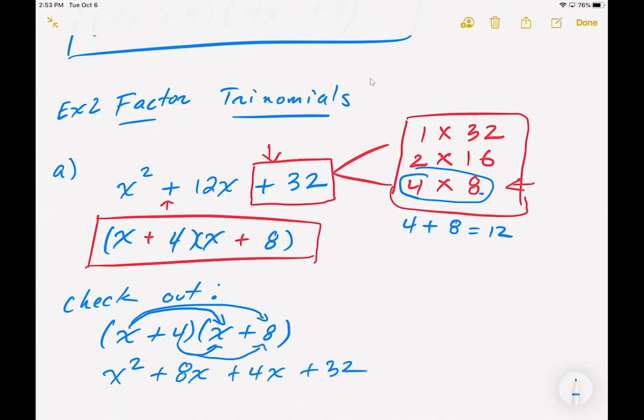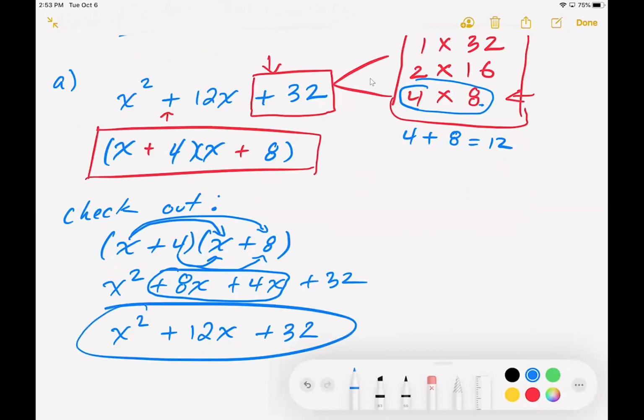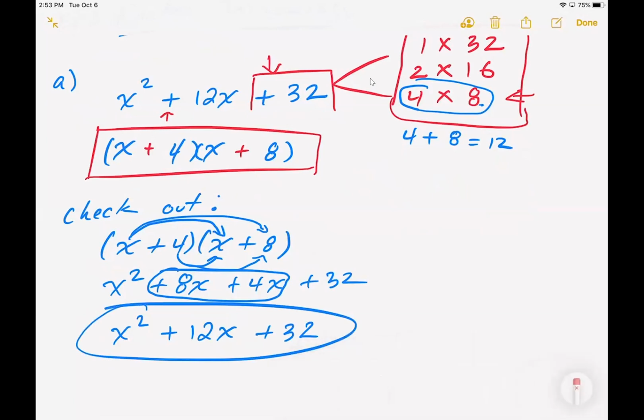And what do the 8x and the 4x do? Do you agree that a positive and a positive will give me 12x plus 32? Magically, what do we have up here? If I erase all this red, do you see that they give us our problem back?